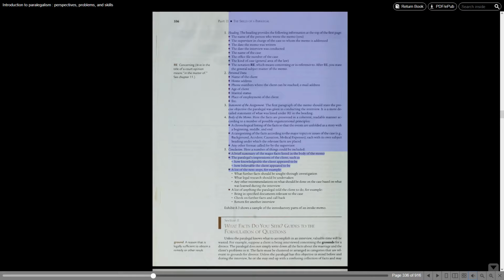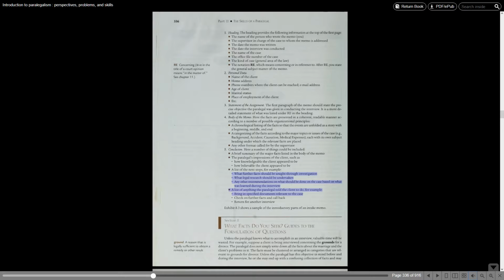Five, Conclusion. Here a number of things could be included. A brief summary of the major facts listed in the body of the memo. The paralegal's impressions of the client, such as how knowledgeable the client appeared to be and how believable the client appeared to be. A list of the next steps, for example: what further facts should be sought through investigation, what legal research should be undertaken, and any other recommendations on what should be done on the case based on what was learned during the interview.